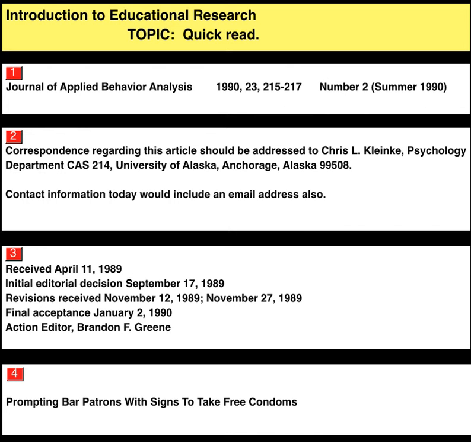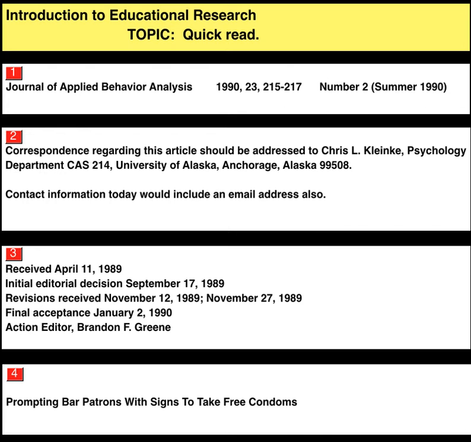To begin with, take a look at the article that you have in front of you. Look at the very top of page number 1 of the article. It has the name of the journal the article is published in. It's the Journal of Applied Behavior Analysis, which is a very prestigious journal, by the way, and the citation information.